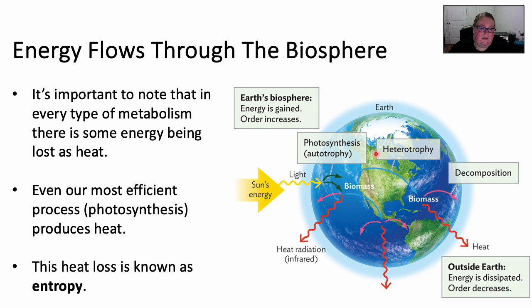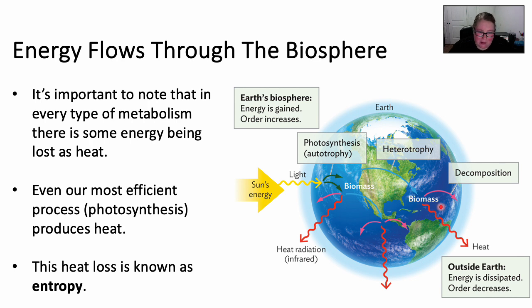Then we have the heterotrophs, which take the sugars made by the autotrophs and break them down to make energy. We lose a little bit of energy to heat. Order decreases, and entropy increases. We use this biomass, these organic compounds, to fuel us.